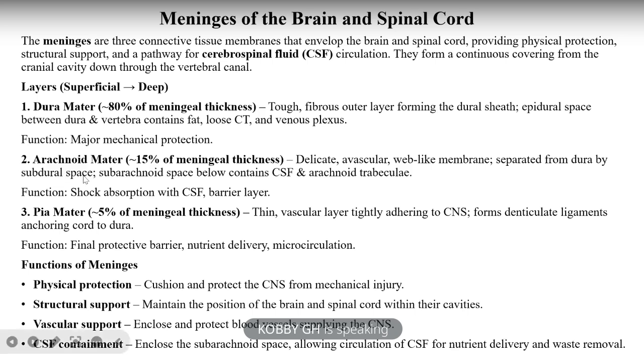Then we have the arachnoid mater, which is the middle layer. Then we have the pia mater, and the pia mater is very soft and thin. So basically, these are the membranes surrounding the brain and the spinal cord. Now, the meninges are responsible for protection.